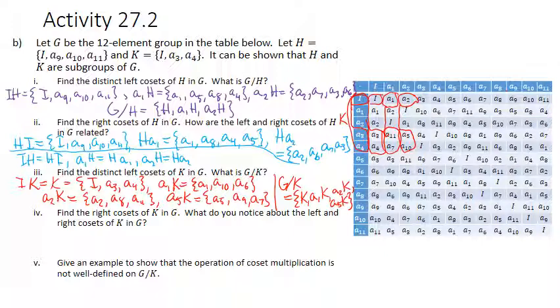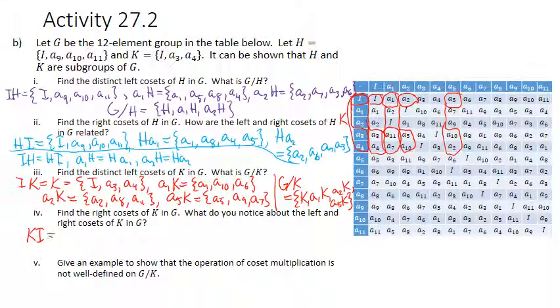Okay, so the next one that's different is this one. So those are the 4 right cosets that are actually distinct from each other.